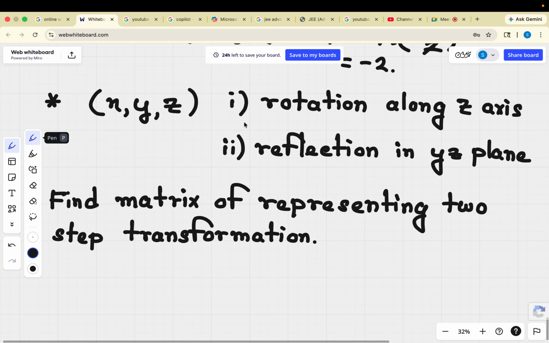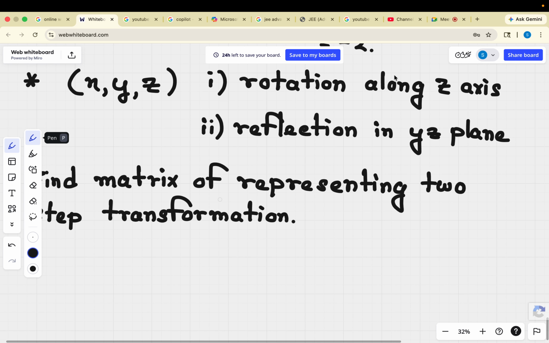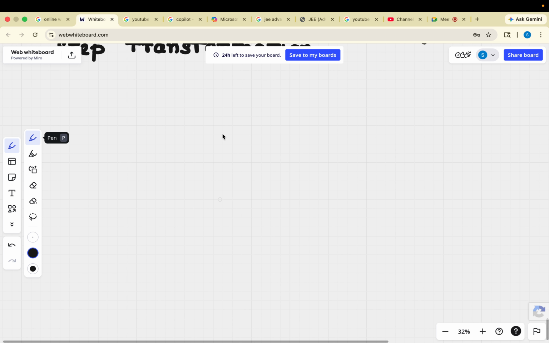Okay, so done. So what I have to do, first of all you have to do rotation along z axis, and next step will be your reflection in yz plane, right? So basically I can write down like this, sigma yz cross C2z.